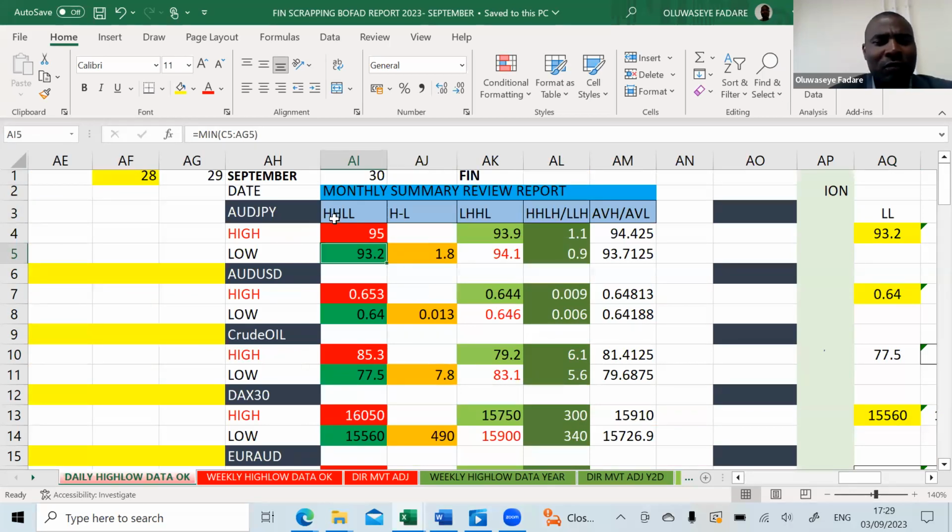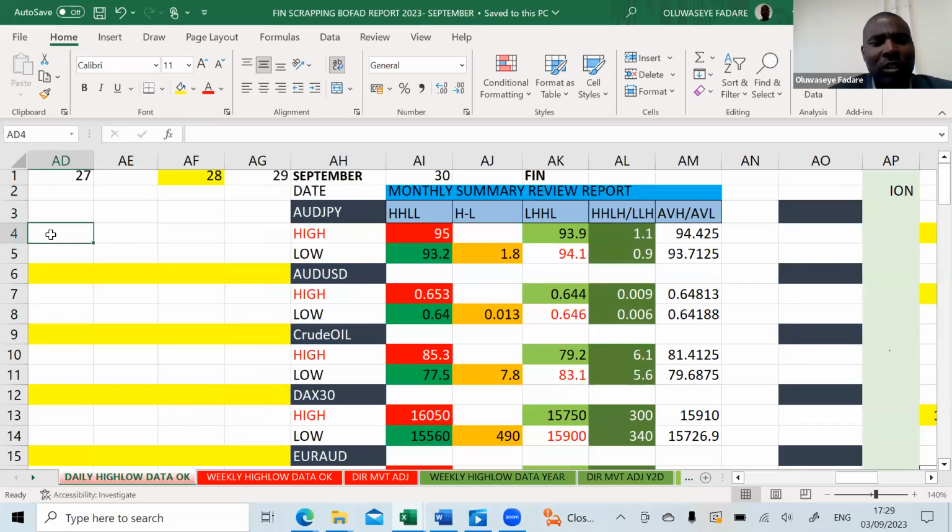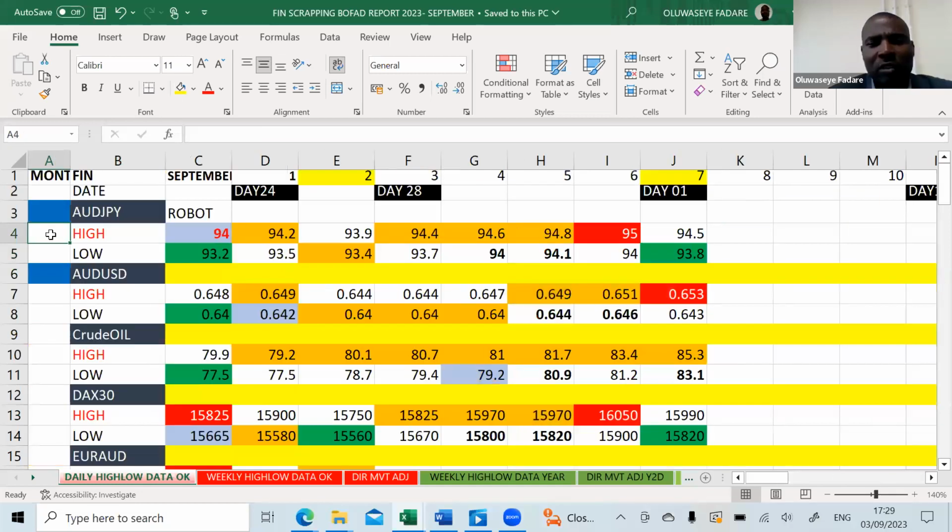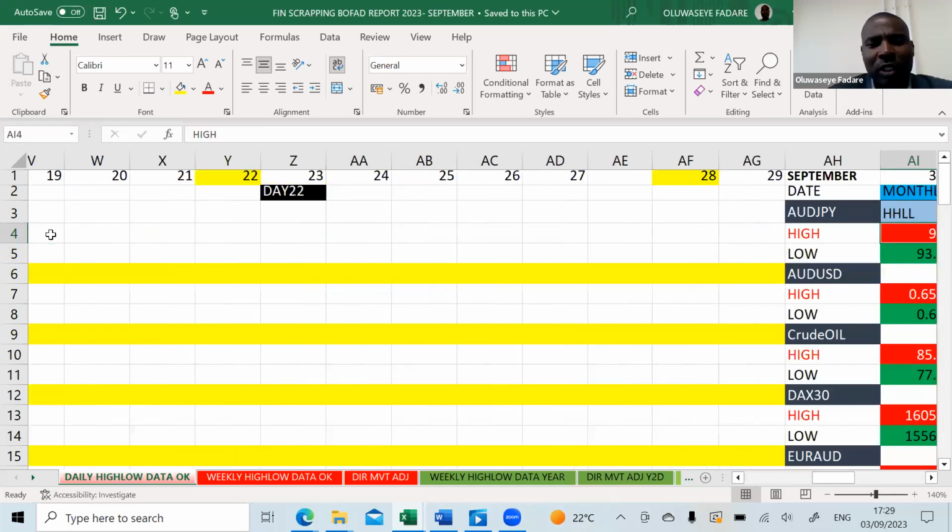The HH stands for high high and the LL stands for low low. And here on the right side, you have the low high and the high low. This also is obtained from a summary of the data that we inputted on the left side.